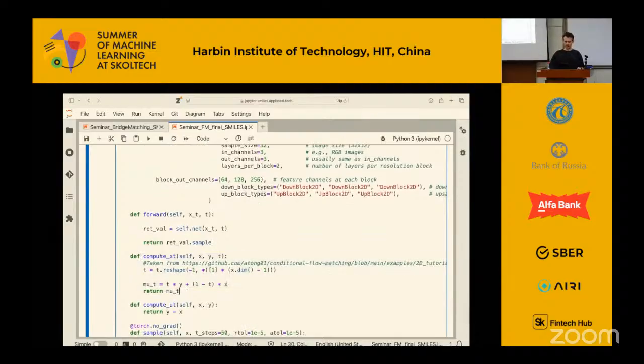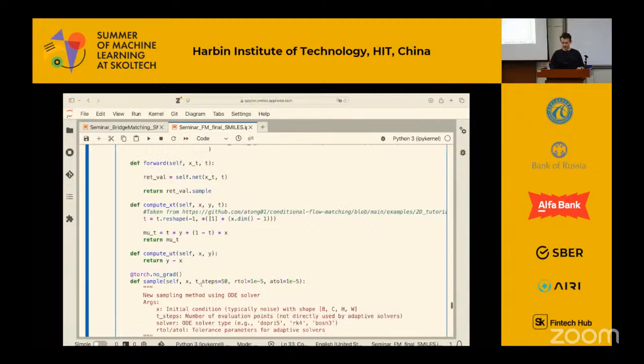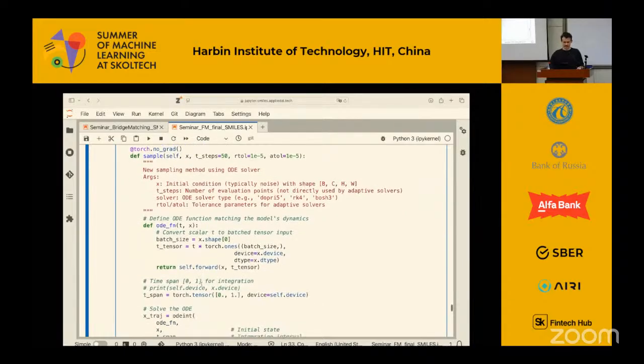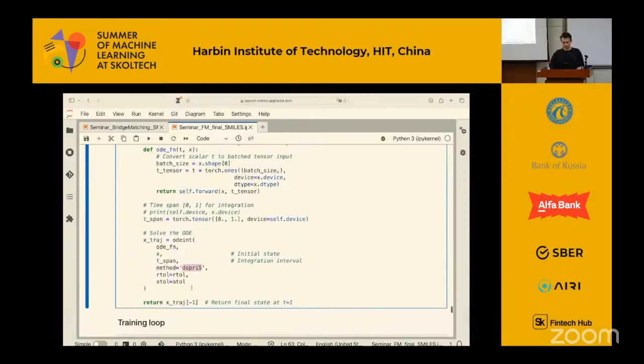In compute xt, we again compute the linear interpolation that we implemented first for the toy problem, which is just linear interpolation. And as a target for our regression, we take the difference of x0 and x1, or x and y. Sampling is done the same way as previously, using the torchdiffeq library, again with the Dopri5 solver, because this is a very good solver.